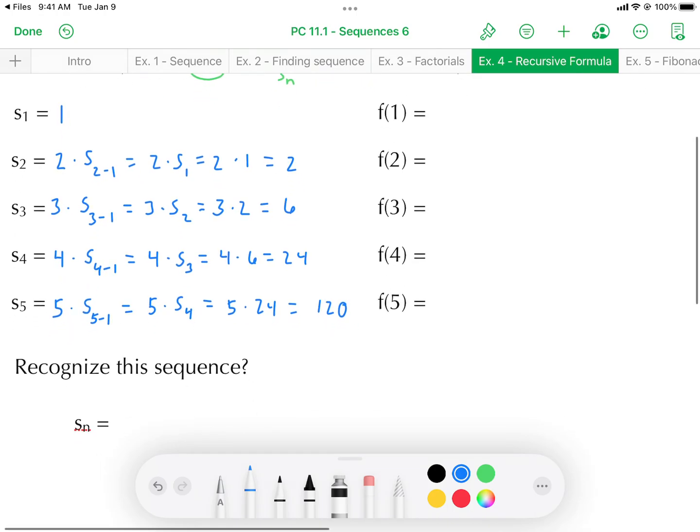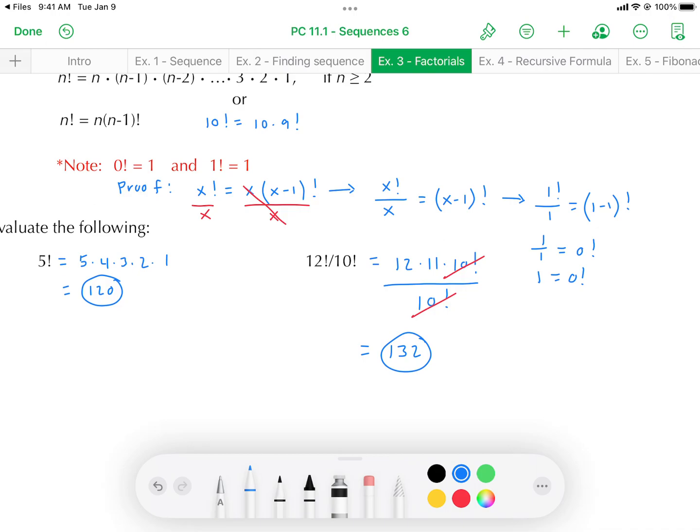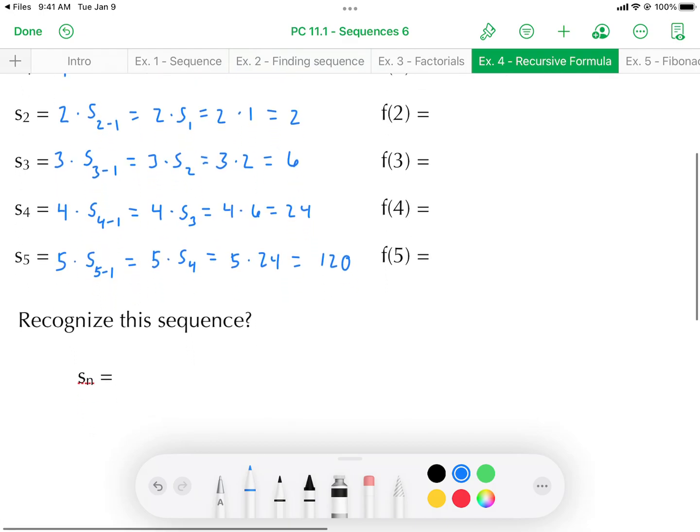S sub 5 resulted in 120. Go back, look at 5 factorial. 5 factorial is equal to 120 as well. So that means this recursively defined sequence explicitly can be defined as S sub n equals n factorial.